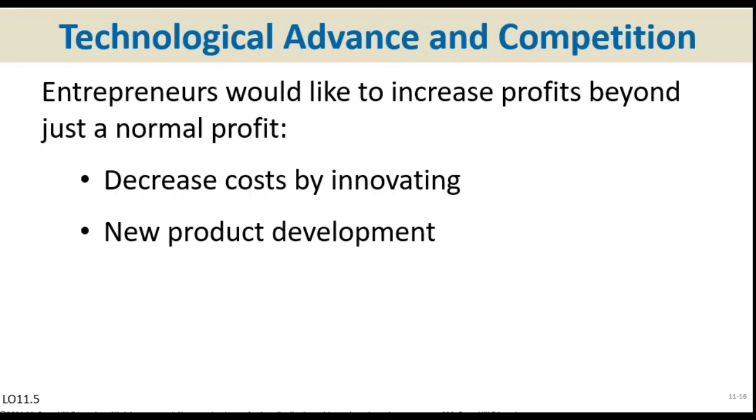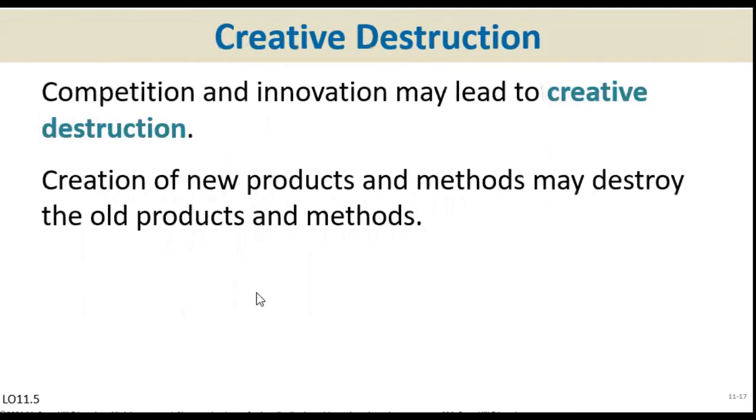You might be the first one to come out with a technology, but your competitor will probably beat you. They will probably come up with something that may impact or destroy your innovative position on the market. So you see that permanently in a competition. It's what we refer to as creative destruction.